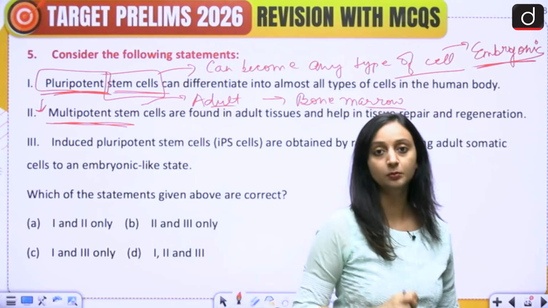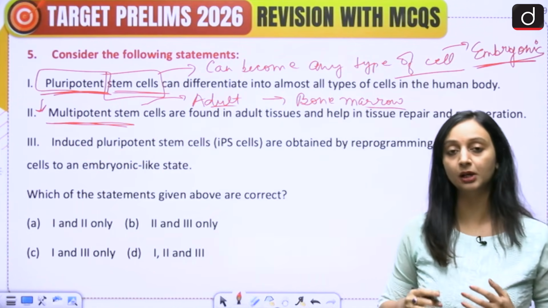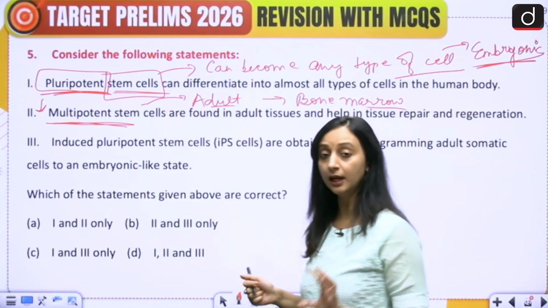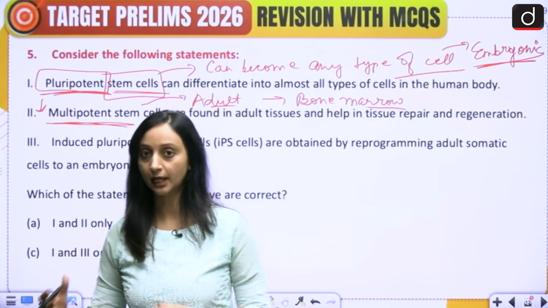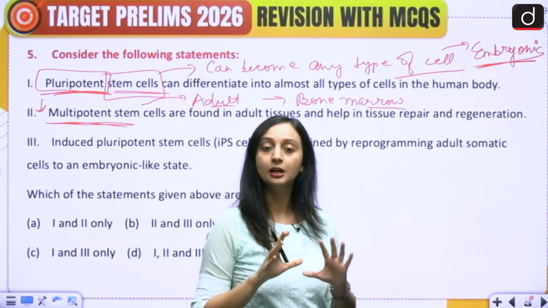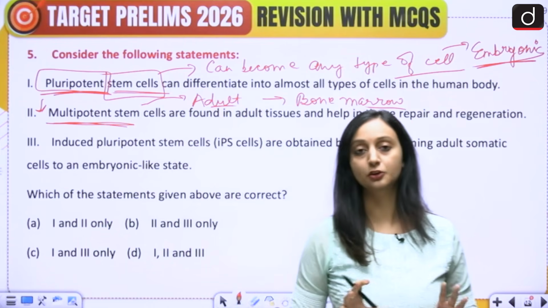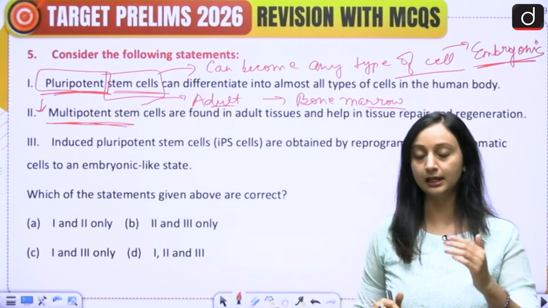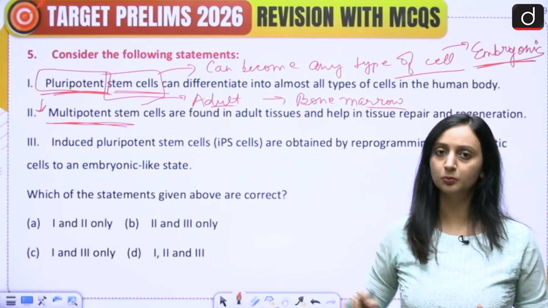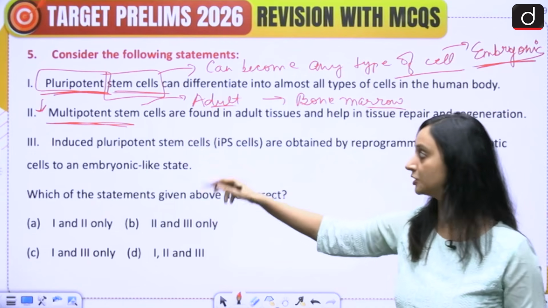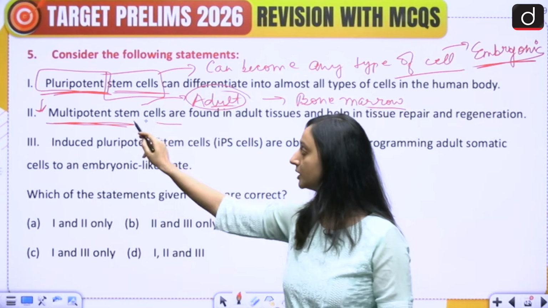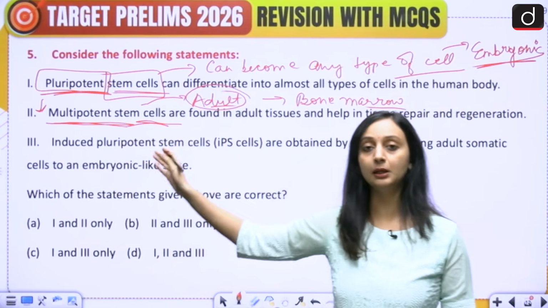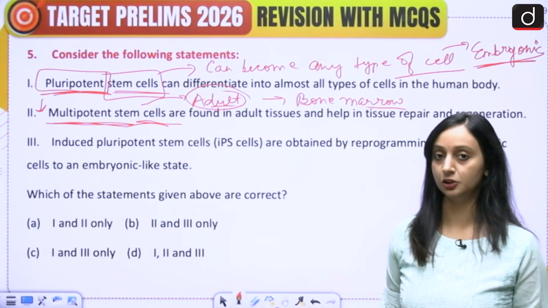Pluripotent cells can become almost any type of cell. Multipotent cells can also become some special types of cells, but they cannot become other types of cells. So in potency, pluripotent is higher and multipotent is lower. Pluripotent is found in the embryonic stage. Now we are talking about the adult tissue where changes have already happened. So multipotent stem cells are found in adult tissues.